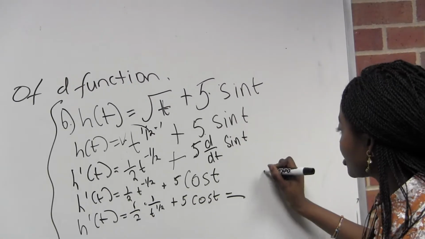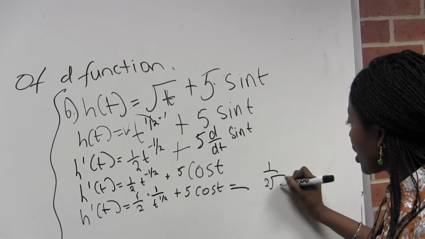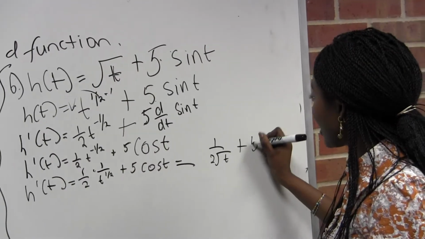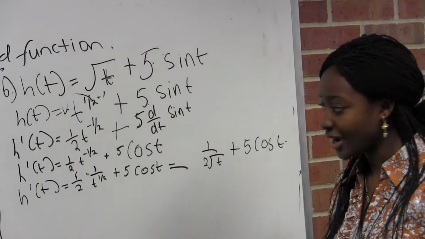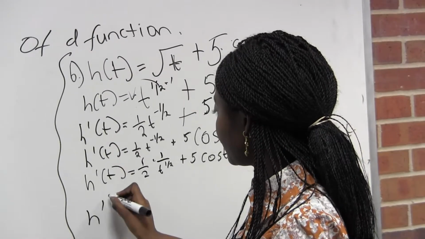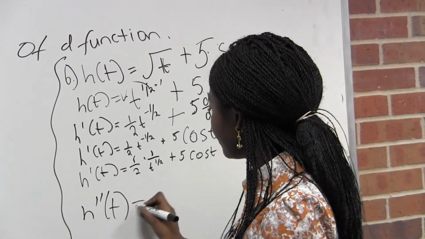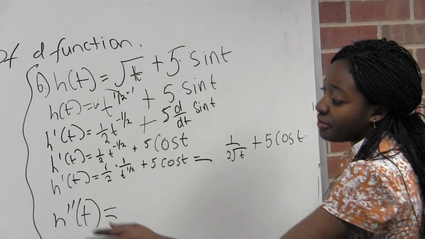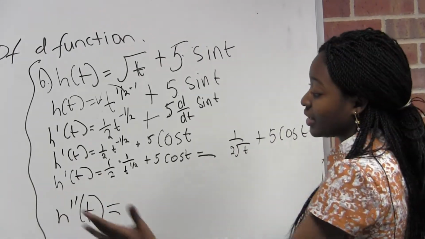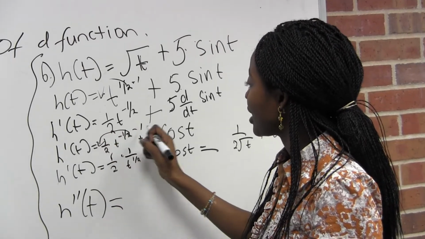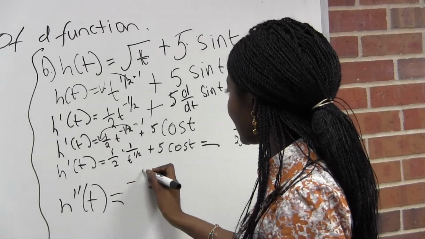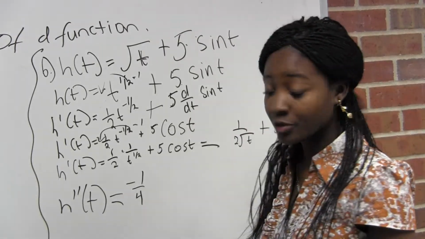This is equivalent to 1/2 the square root of t plus 5 cosine t. Now, in order to find my second derivative, I have to find the derivative of my first derivative. My negative 1/2 is going to come down and I'm going to subtract this from 1, so I'm going to have negative 1/4.